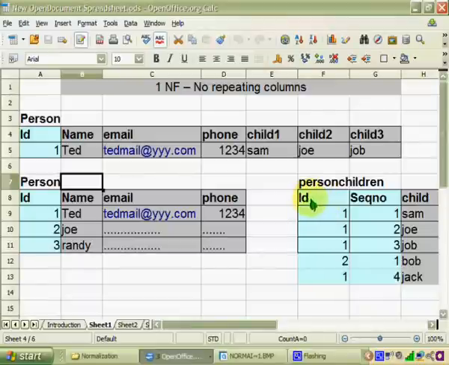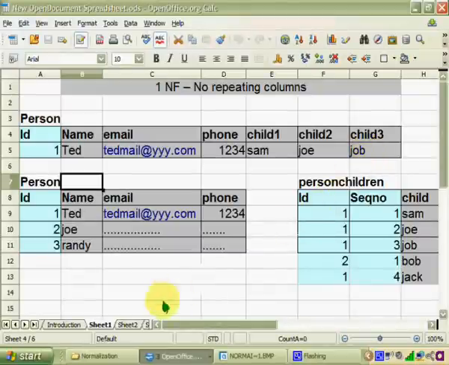So the primary keys of this table are id and sequence number. So we were able to solve the violation of the first normal form by splitting the table and using a sequence number instead of repeating columns.